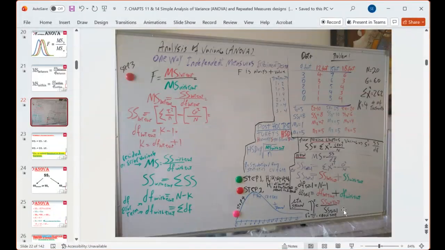But now we have a new symbol. It's called eta square, like an N at the bottom right side of the screen. Eta square is equal to SS between treatment divided by SS total.